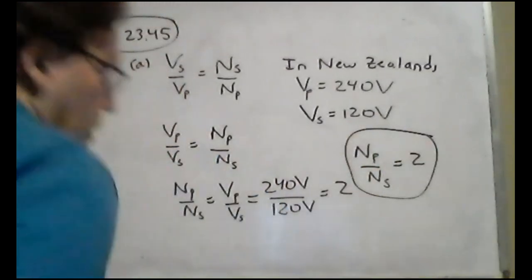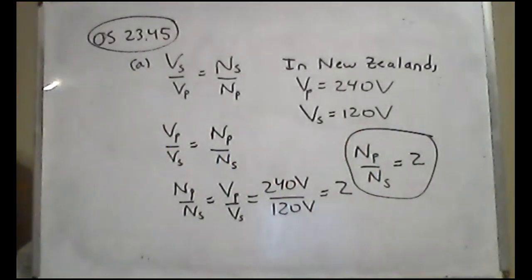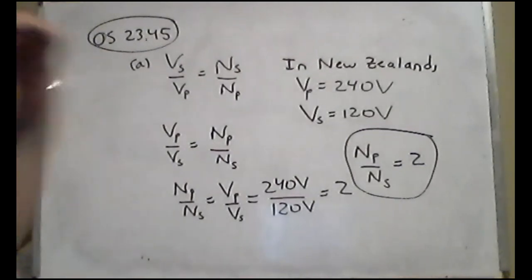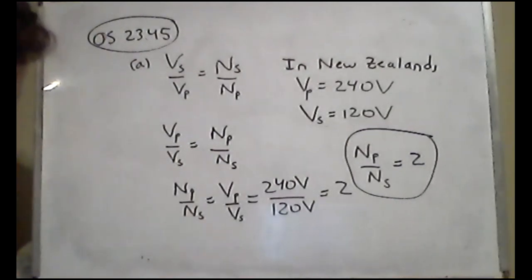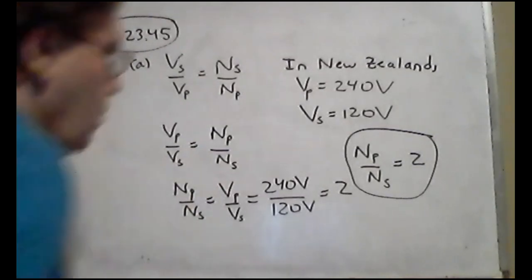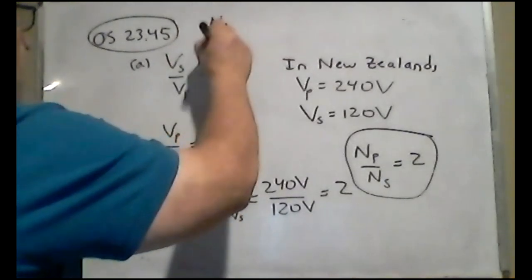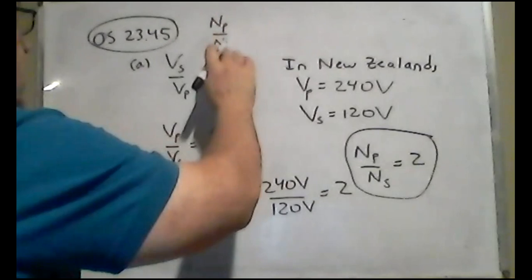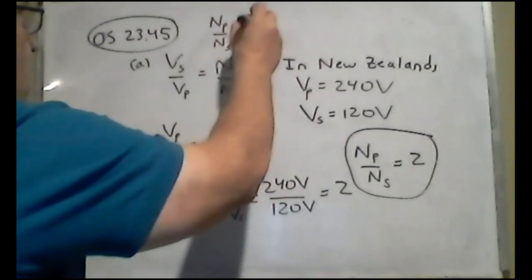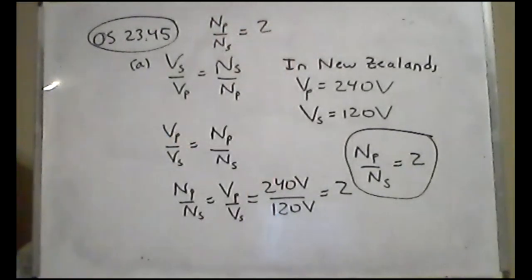The number of coils at the primary end of the transformer needs to be twice that at the secondary end in order to make this work. What about the current? Okay, we'll keep this in the parking lot. We know that the ratio of primary to secondary coils has got to be 2. So we got that from part A.